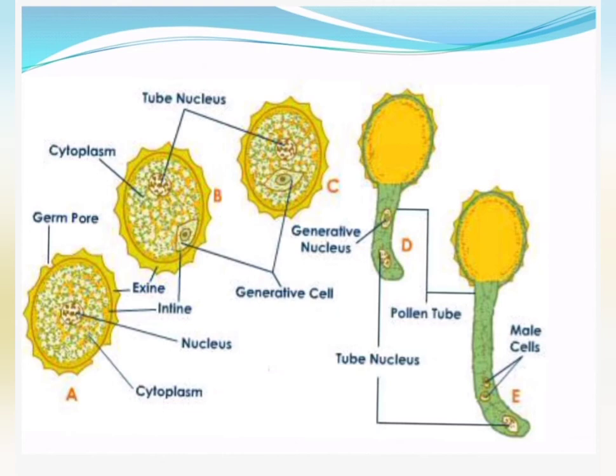In 60% of species, pollen grains are shed in the 2-cell stage, whereas 40% of species shed in the 3-cell stage, in which the generative cell divides by mitosis into 2 male gametes. And once the pollen grain reaches the stigma of the carpel, the further development of the male gametophyte takes place on the gynoecium. So that's all about the structure of microspore and development of male gametophyte.